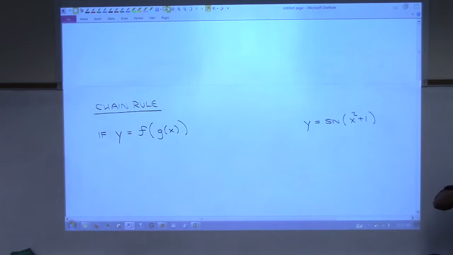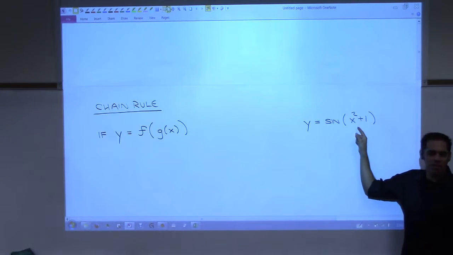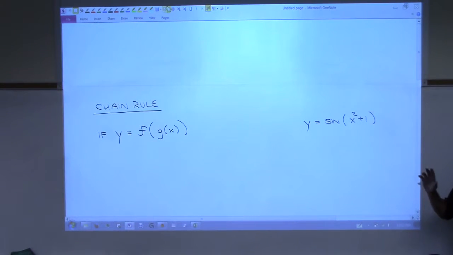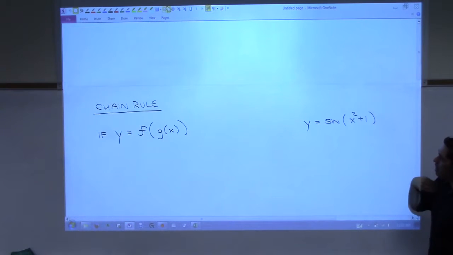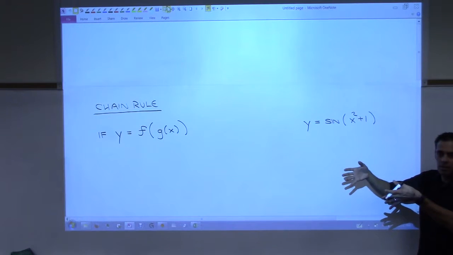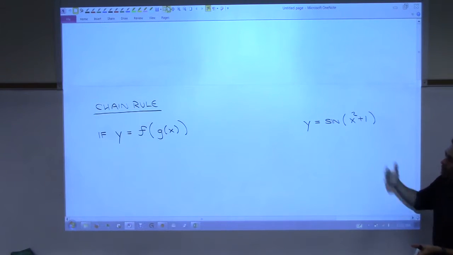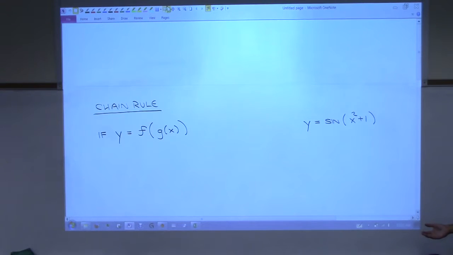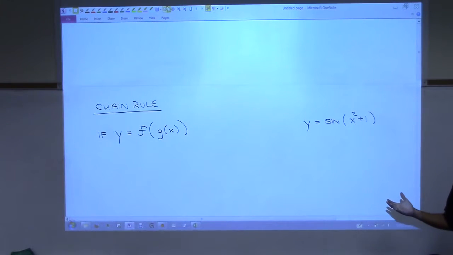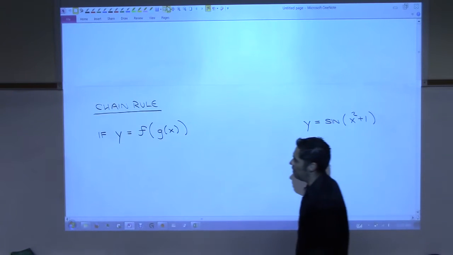In college algebra, we call this composition: f of g of x, g of f of x. Remember seeing things like that? What we need to be able to do in this class is identify what the inner function is and what the outer function is. What would be the inner function here? X squared plus 1, and the outer function would be the sine function. That's good that you recognize that.